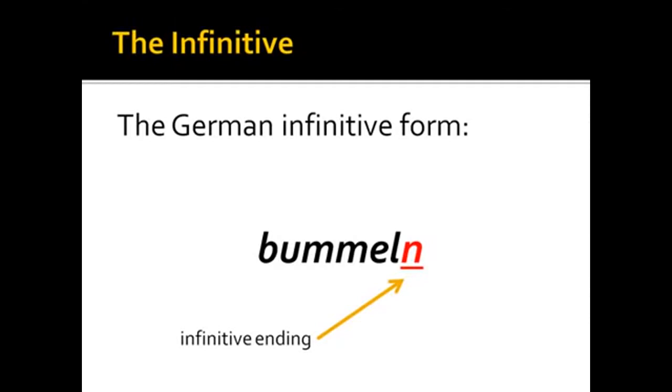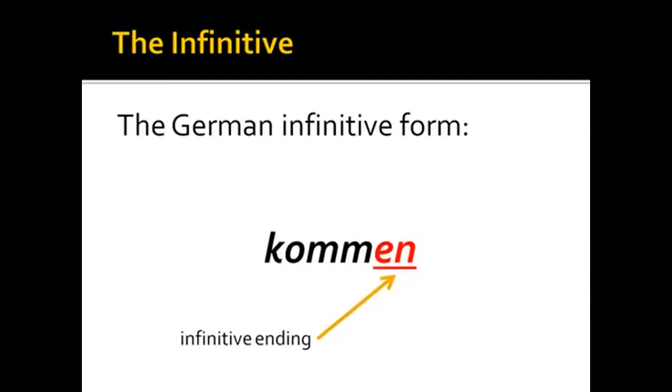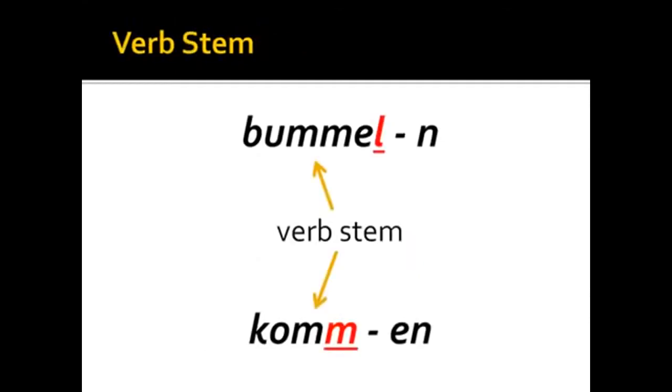It's an n. Now let's take a look at another verb, kommen, which means to come in German. Now the infinitive ending here is en. So we essentially have two ways of forming an infinitive form. That is, either tack an n or an en onto the verb stem. So the question is, do I use an n or an en ending?